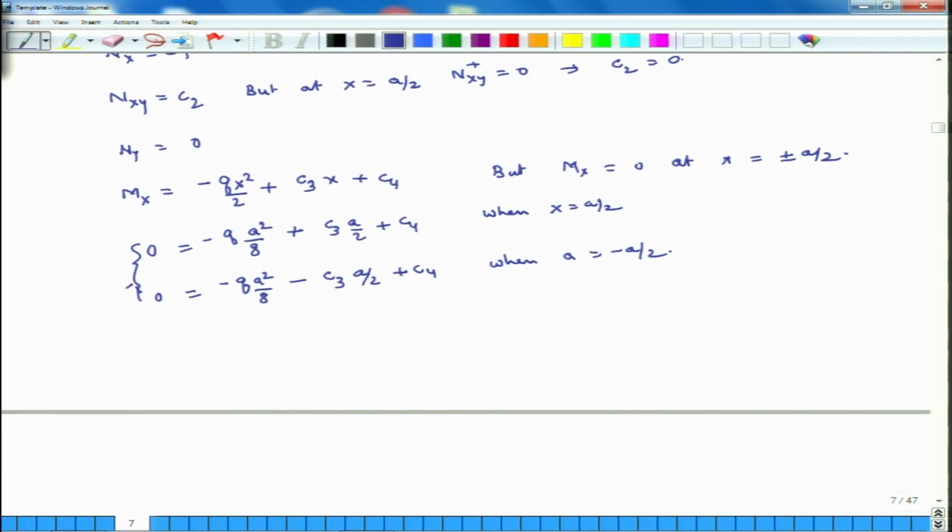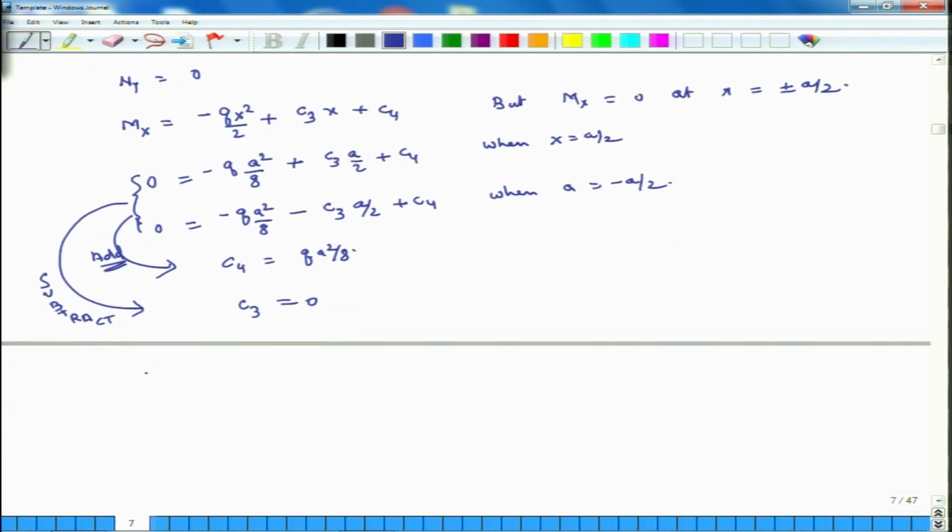If I add these two equations, what I get is that C4 is equal to q a square by 8. And when I subtract these equations from each other, I get C3 equals 0. So, that way I have solved for C3 and C4.